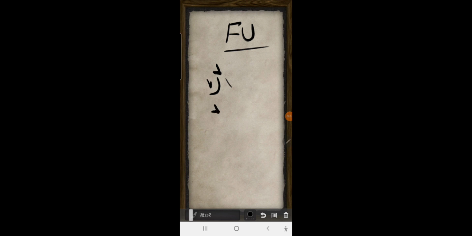So I'll write it again. Okay, that's fu in Hiragana, and in Katakana, it's just like that.